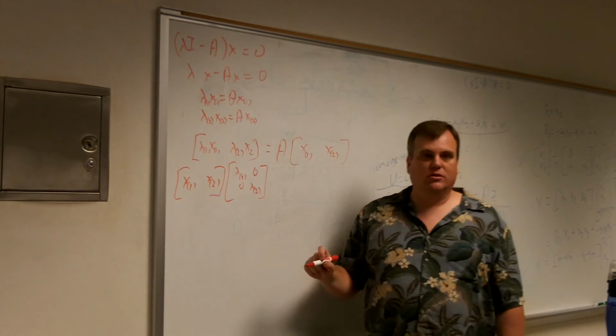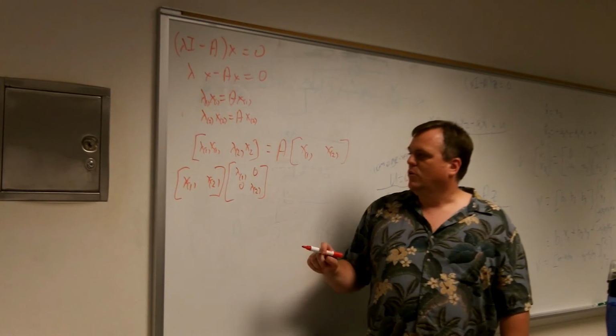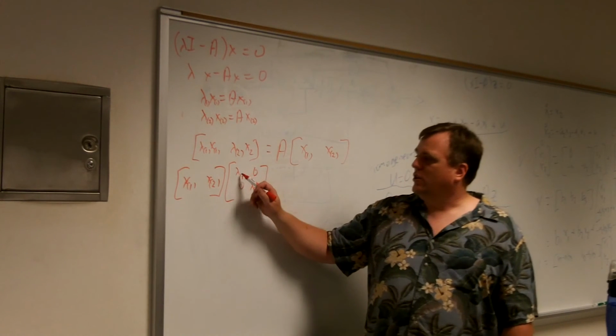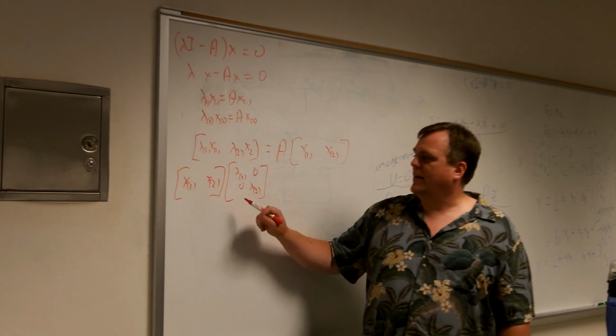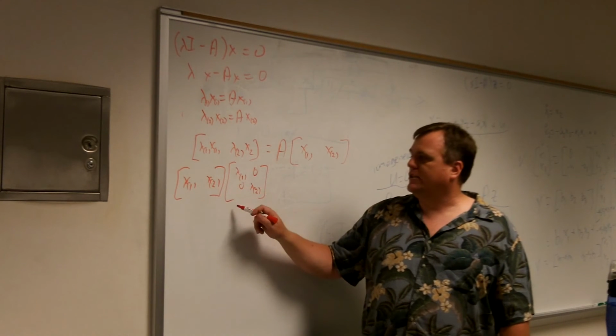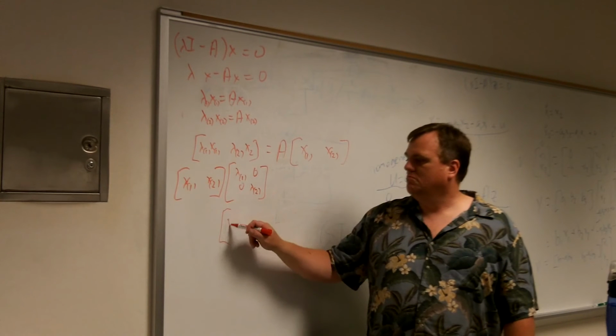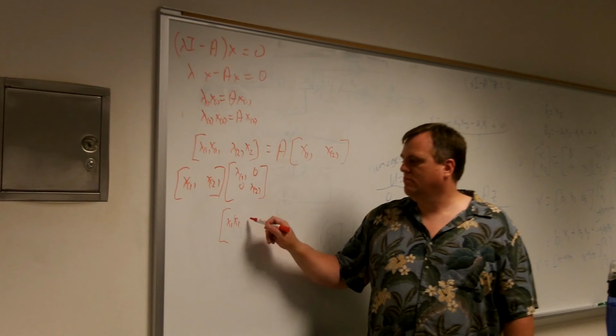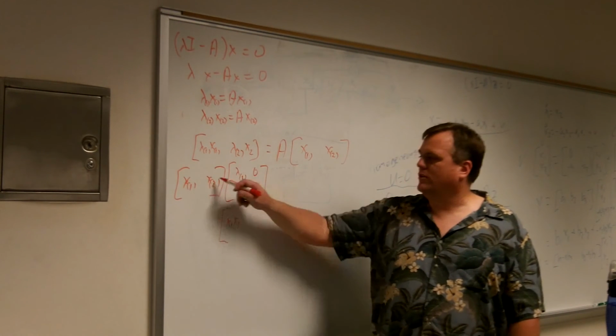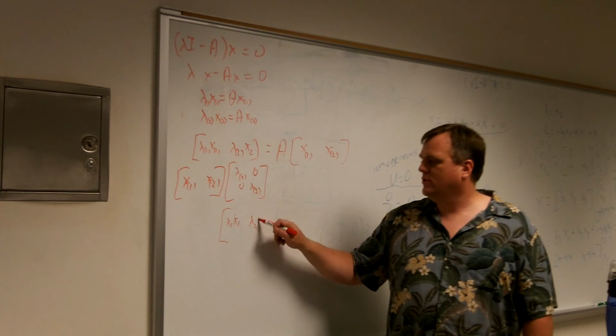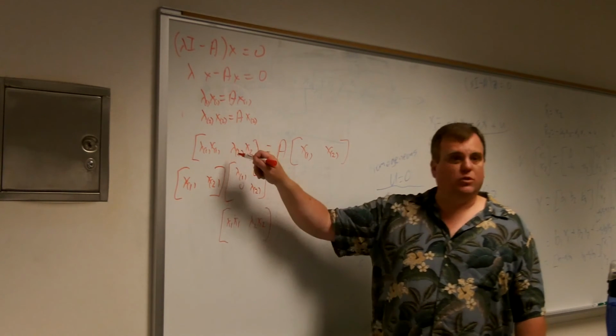Now consider this. When we're going on, what I'll get is lambda 1 times x1 and 0 x2, that's the first component. Second one is no x1s and lambda 2 x2, which is what you have up here.